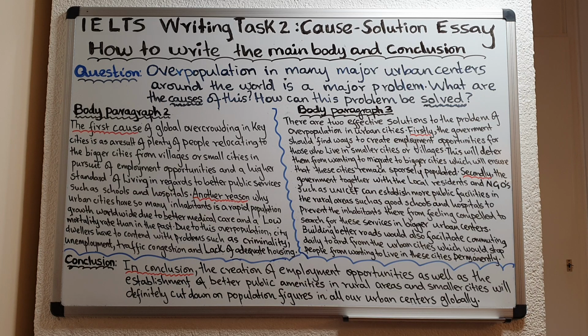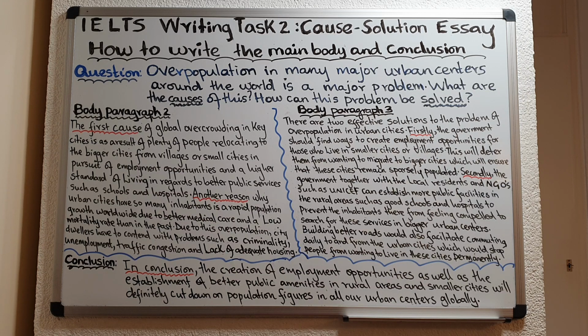So instead of using and, I used a higher band linking word, which is as well as. It simply means and. Okay, so I have my 2 solutions from body paragraph 3, that is the creation of employment opportunities, as well as the establishment of better public amenities in rural areas.